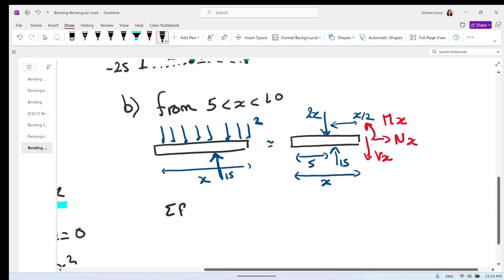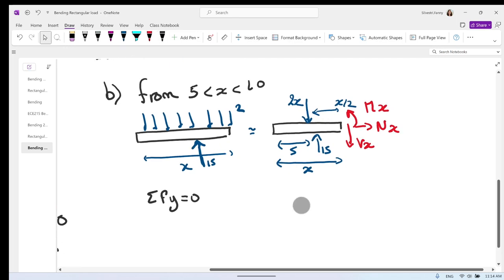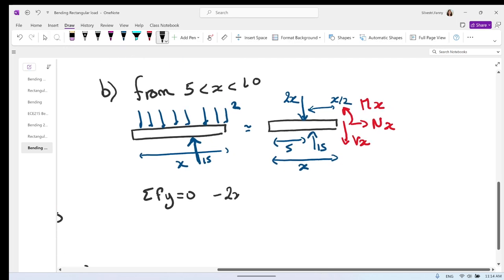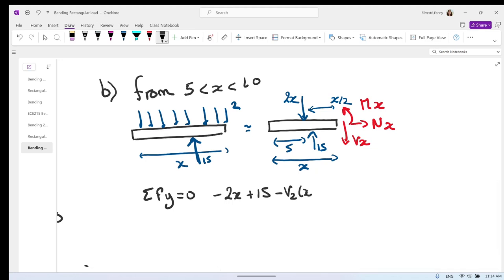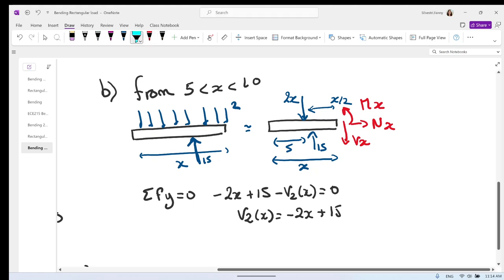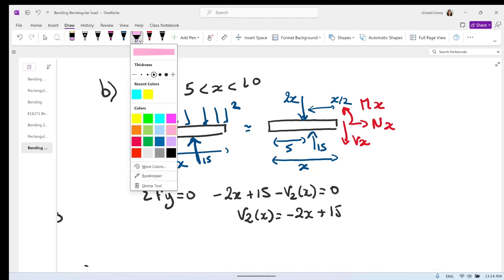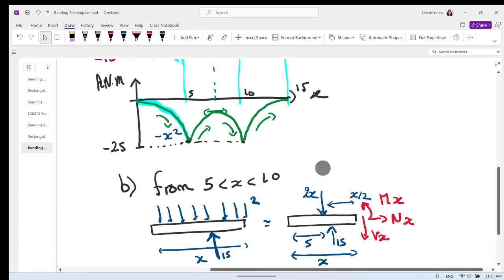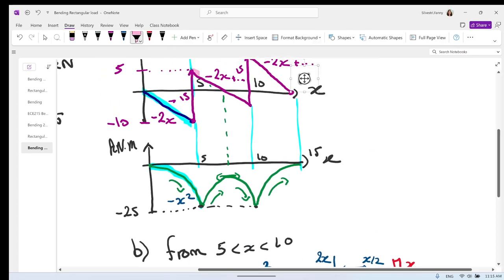Sum of the forces on y equals 0. We have minus 2x plus 15 minus V2 of x equals 0. So we have V2 of x equals minus 2x plus 15. Okay. This equation is V2x. This is this one.